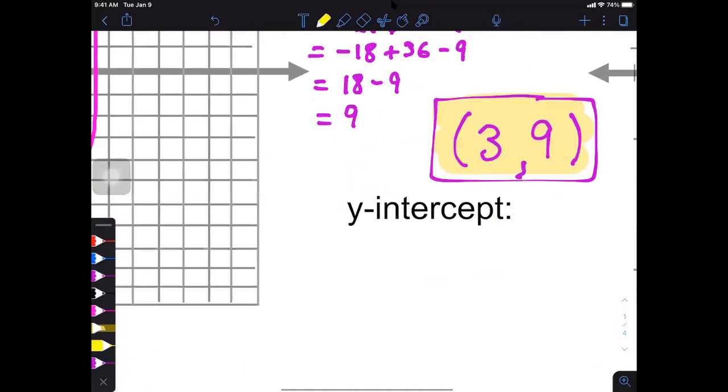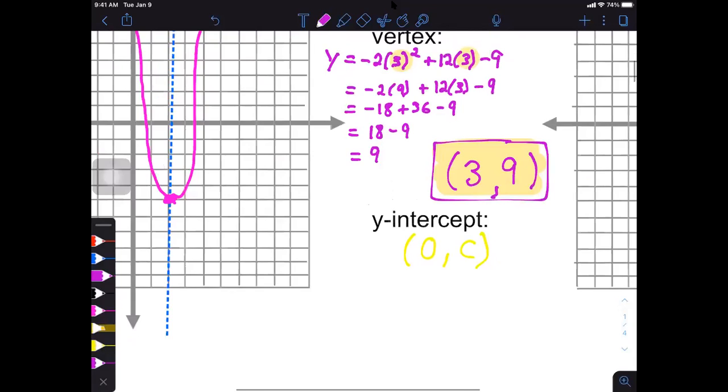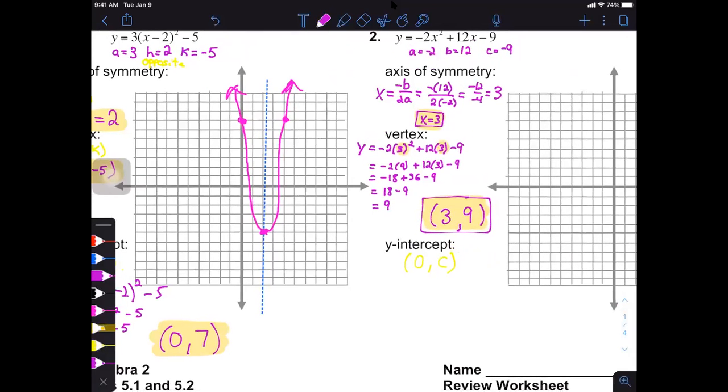With the y-intercept, it's just 0, comma c. So it's just going to be 0, comma, -9, because -9 is your c value. Get that? That's your third piece of information.